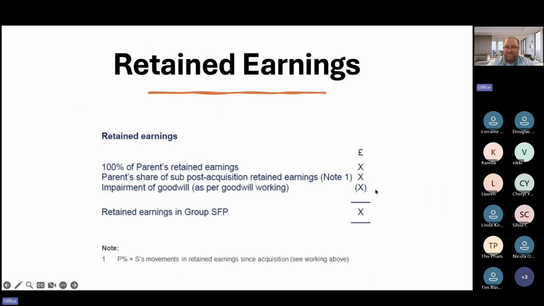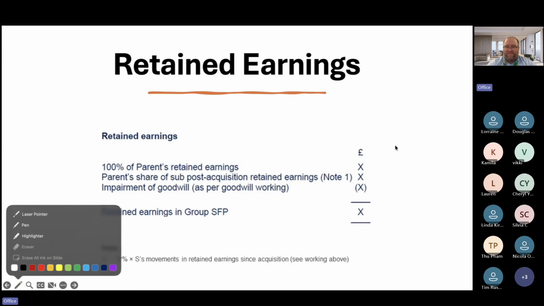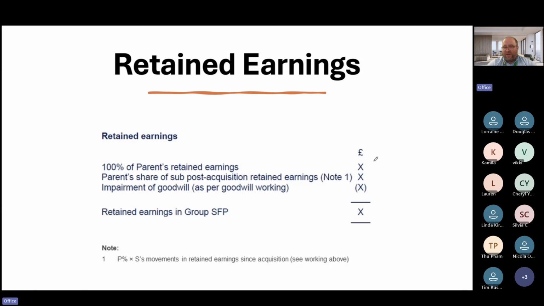Just as an example, if the parent's retained earnings were, say, 5 million, and we've made £1 million post-acquisition, but we acquired, say in this case, 70%, then we're only entitled to 70% of the 1 million, so 0.7.